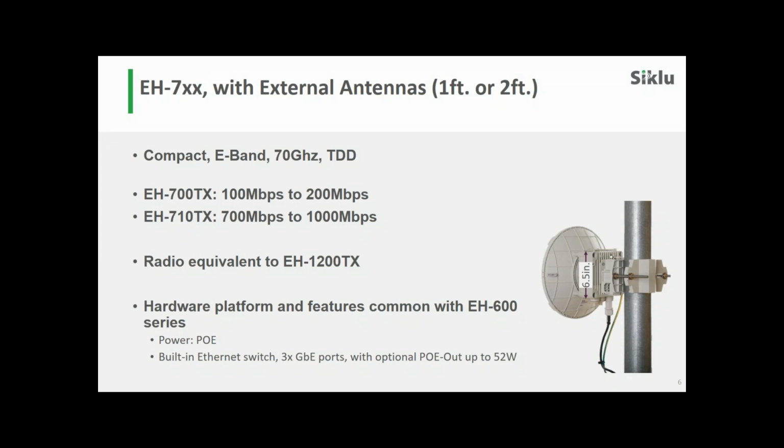So that allows accommodating different load scenarios, whether you have PTZ cameras or Wi-Fi access points, and more than one of these devices can be powered directly off the switch of the 7XX family. That's applicable to the 700TX or the 710TX.